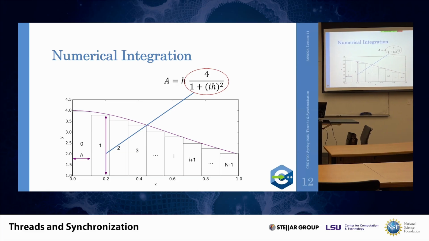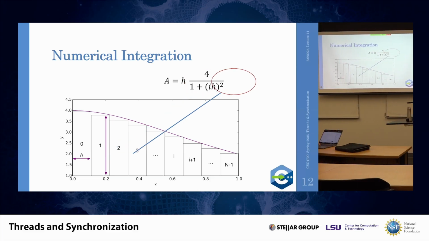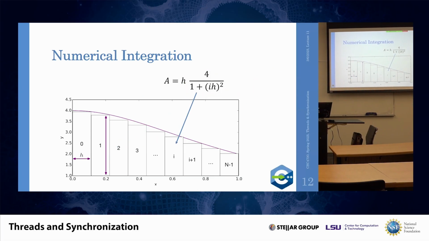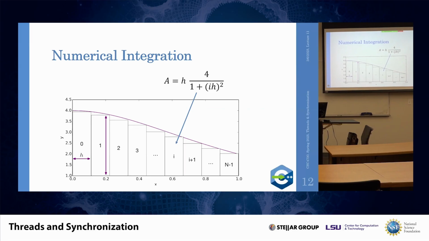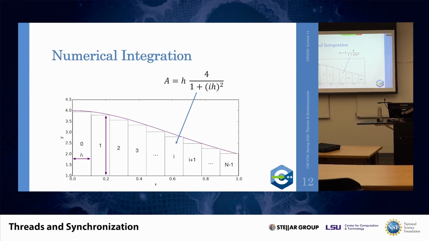The actual formula was 1 plus x squared, and i times h gives us the x value. If we plug that into our formula, we get the area of one of those rectangles just fine. So this gives us, for instance, the area of rectangle i.